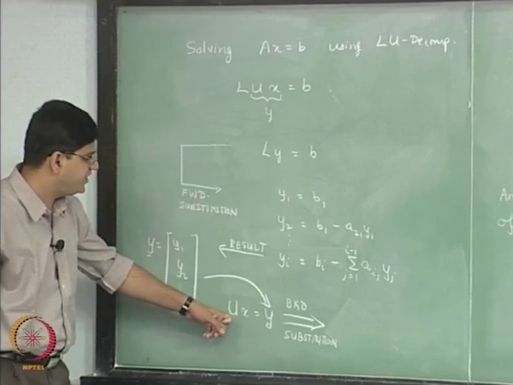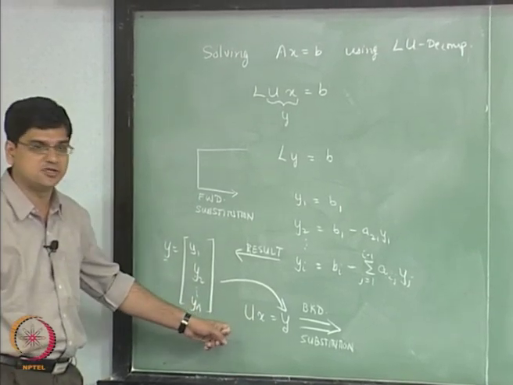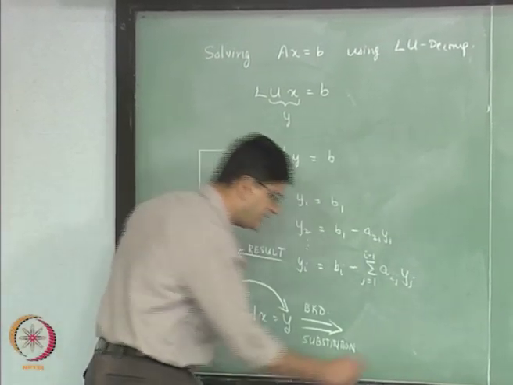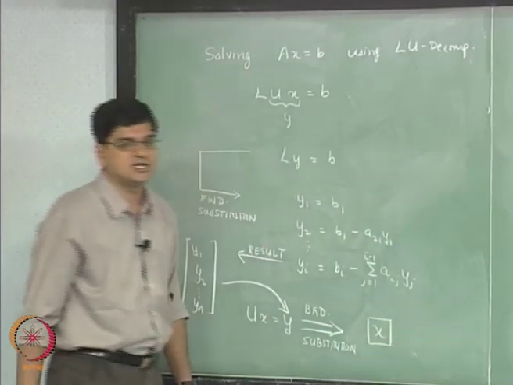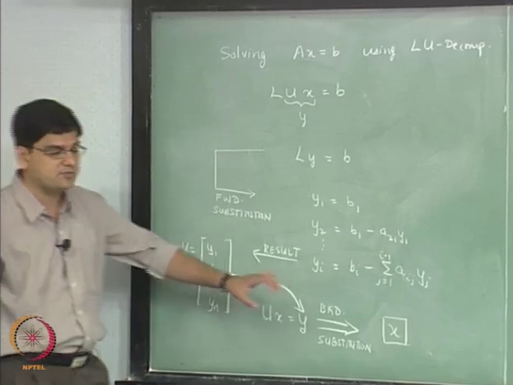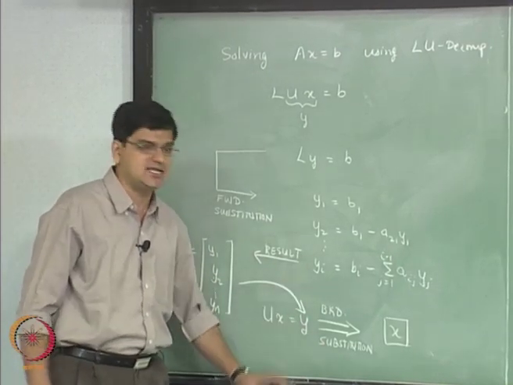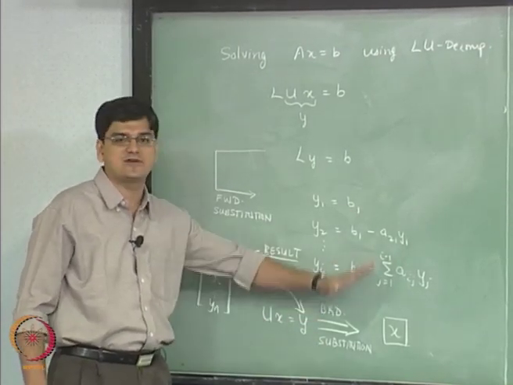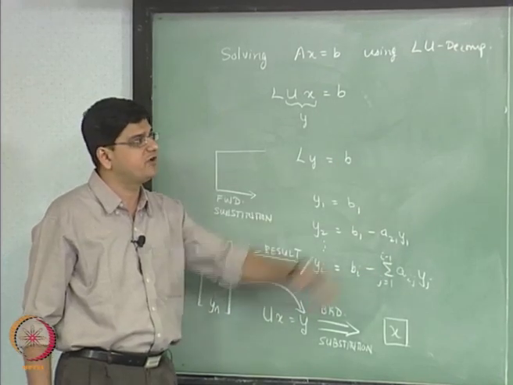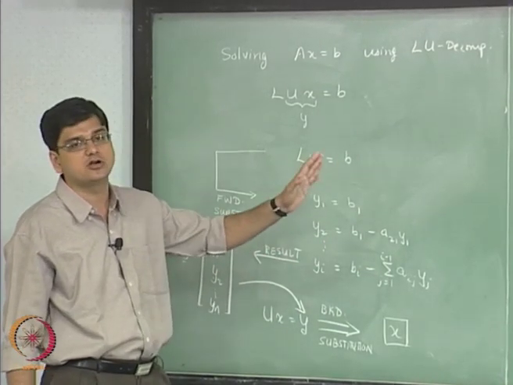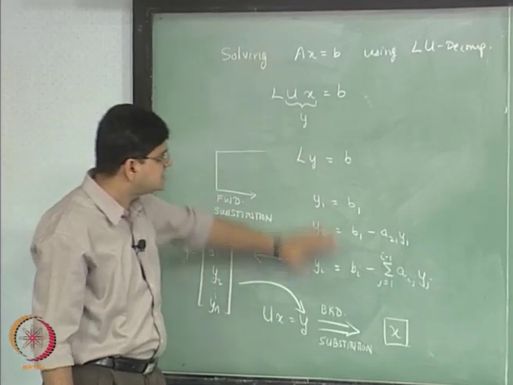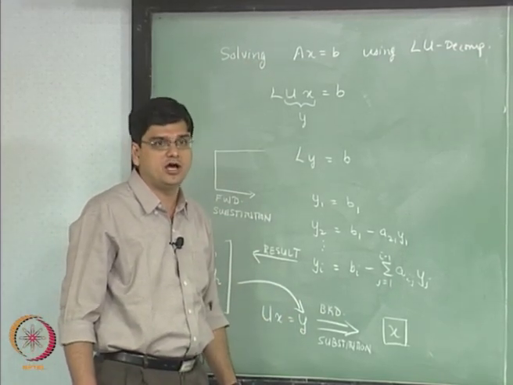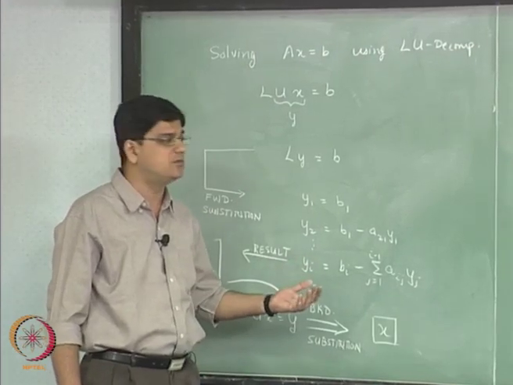Okay. And when we solve this using the backward substitution step, we will indeed get x as a result. The backward substitution step is exactly the same as the backward substitution steps that we have discussed when we talked about the Gauss elimination method. Okay. So, that is how we solve the equations using the LU decomposition method.